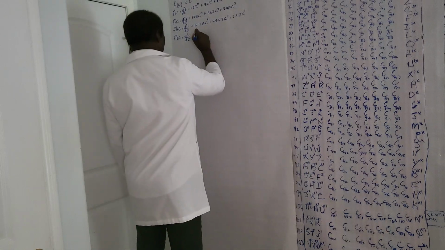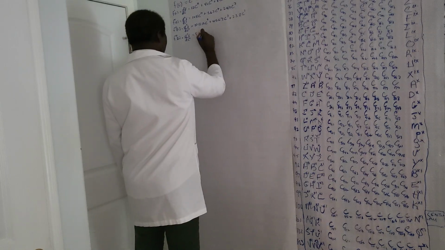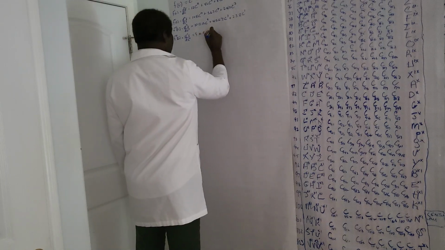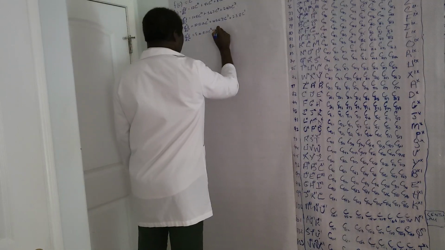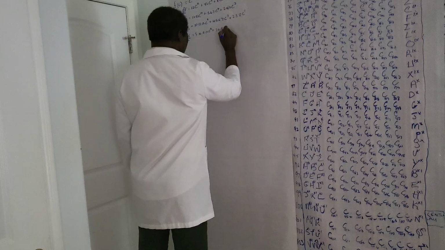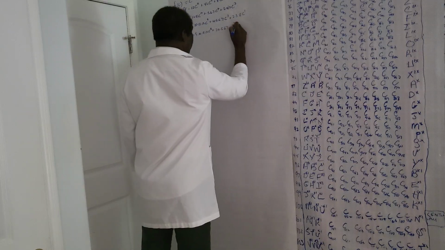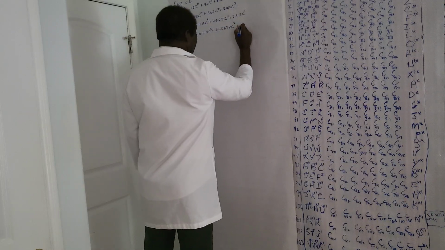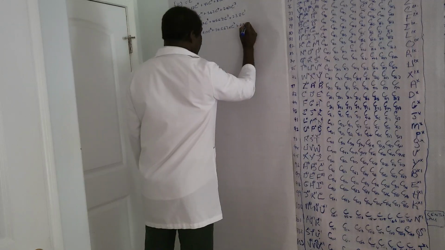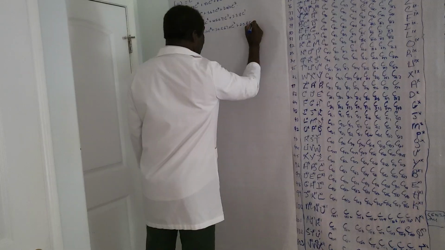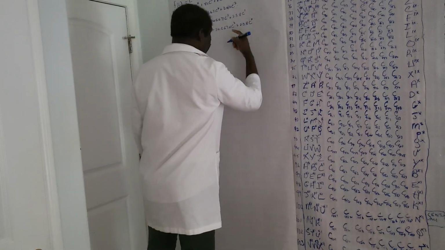And so this will be equal now to 9 times 10 times 11 times 12 C to the 8 plus 3 times 4 times 5 times 6 times 7 C squared plus 2 times 3 times 8 C to the 0. Anything to the 0 is 1, but we just want to put it like that.